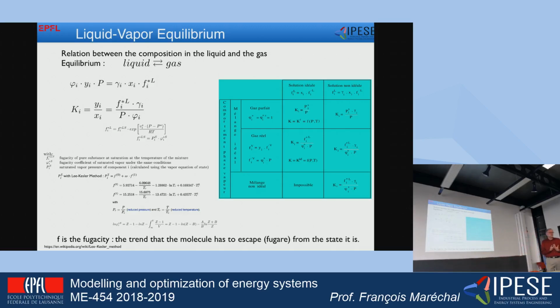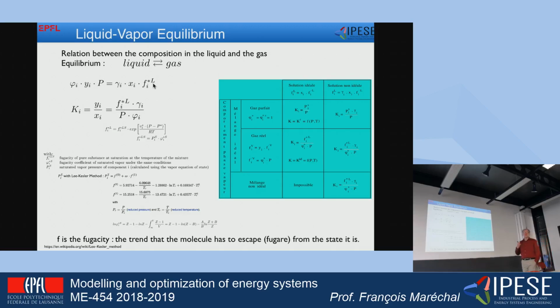And what I'm going to say is that if I have a mixture, I'm going to express that if I'm at the equilibrium, then the fugacity in the gas state, for each of the molecules in the system, will be equal to the fugacity of the liquid state.